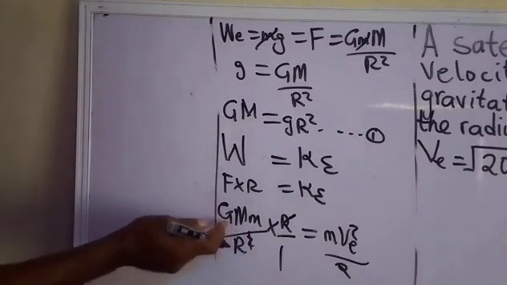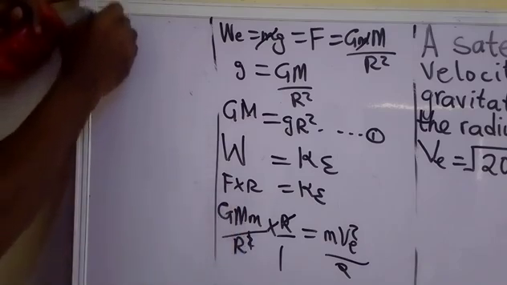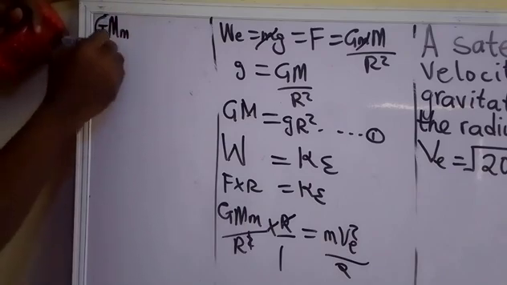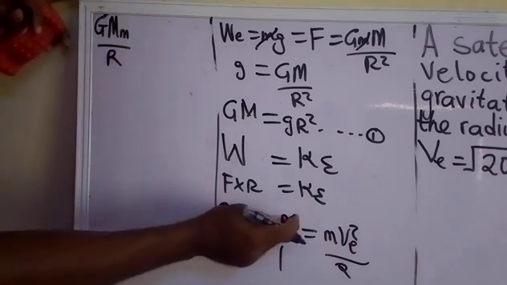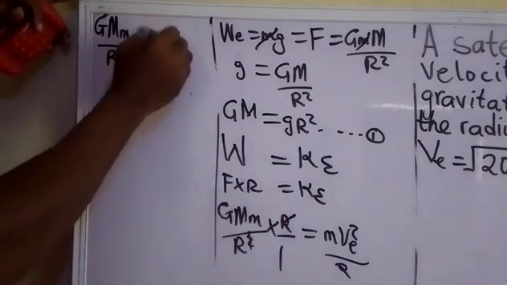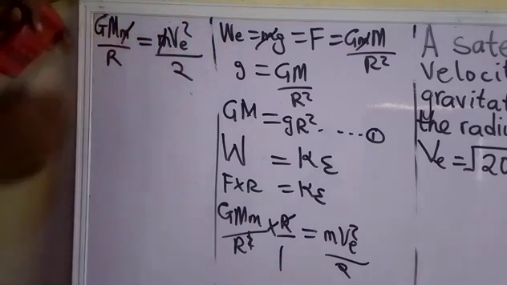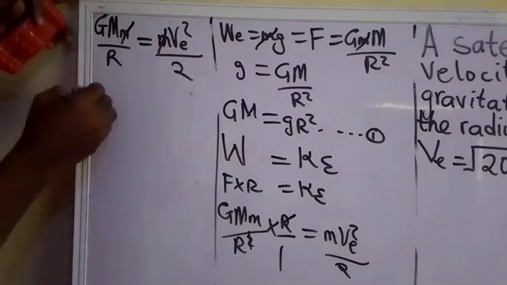If I do that, I'll have G capital M small m upon R remaining, since 1 R has cancelled 1 here, equal to m v_e squared upon 2. Then small m, the mass of the satellite, is eliminated.